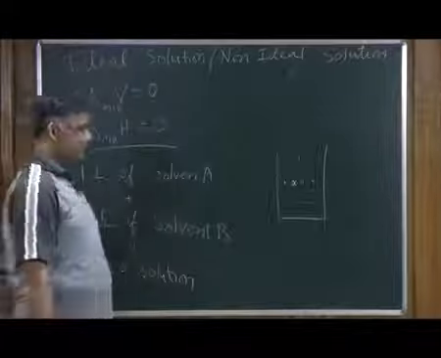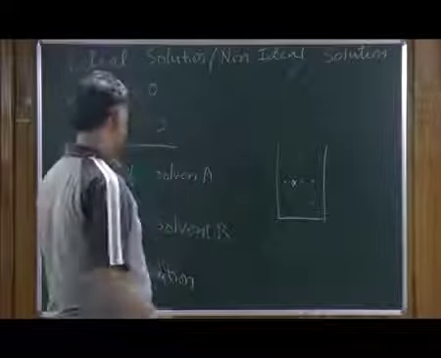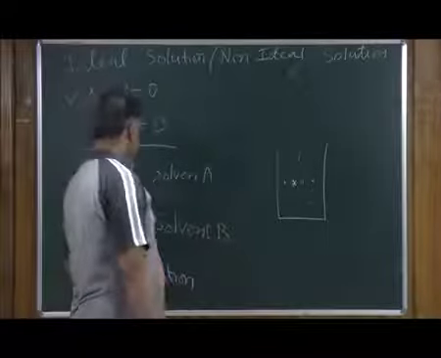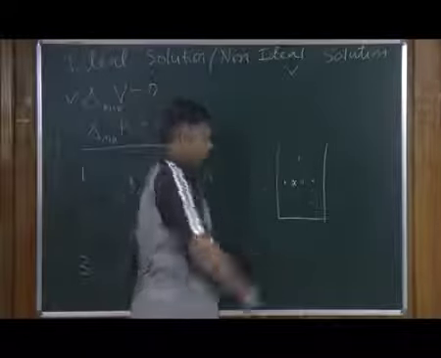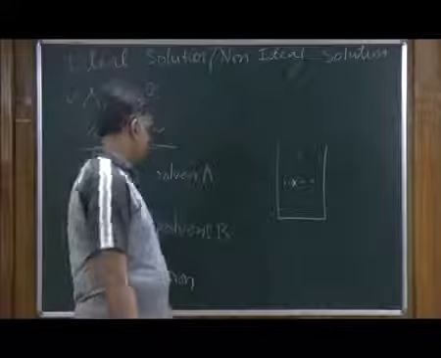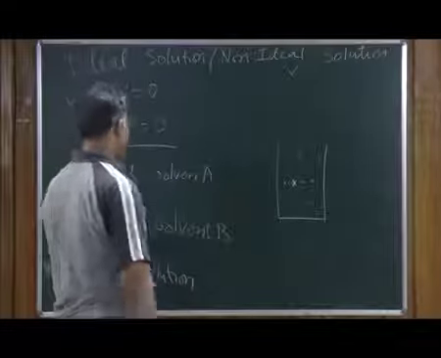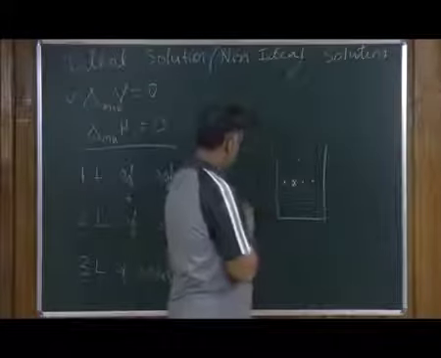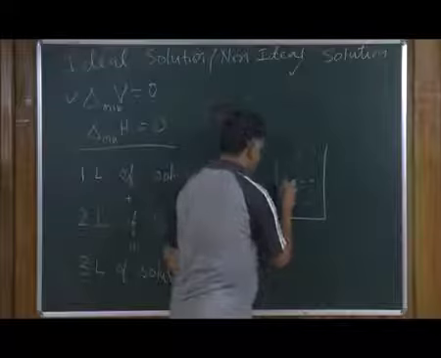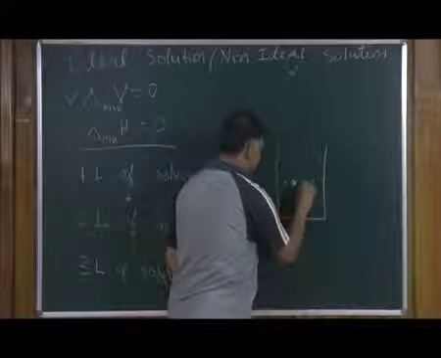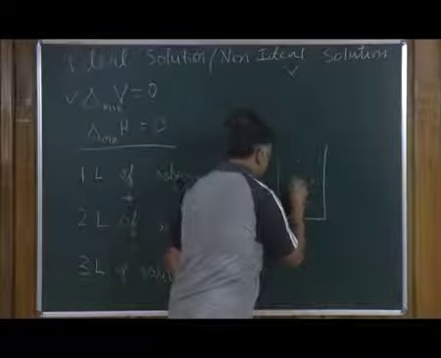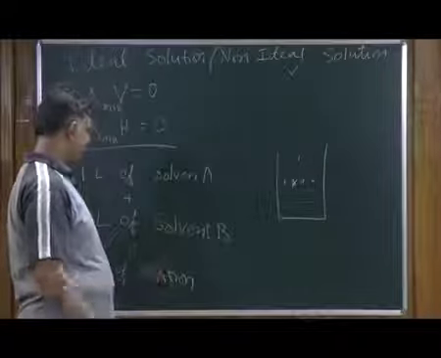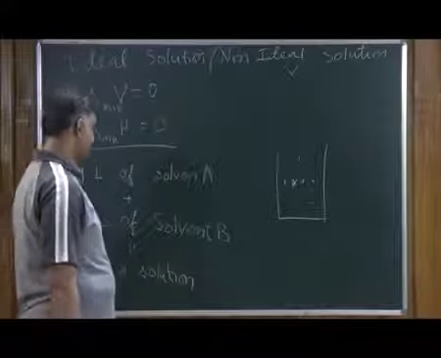If you are mixing, let us say, 50% water and ethanol, then these are two solvents which we are mixing. If I am mixing, let us say, sodium chloride in water, then sodium chloride is going to be the solute and water the solvent. So there is a solvent A and somewhere in between is solvent B. It could happen very often depending on the concentration.